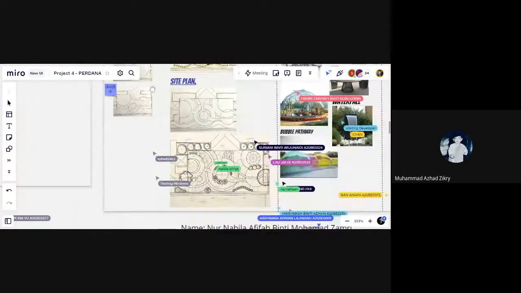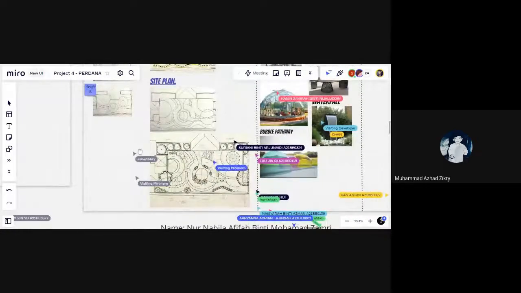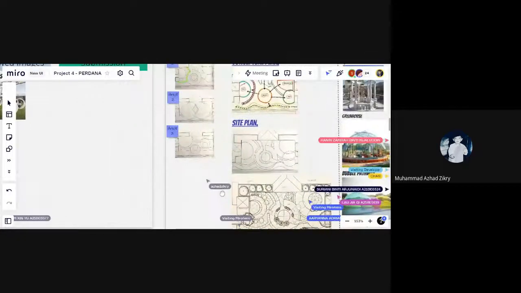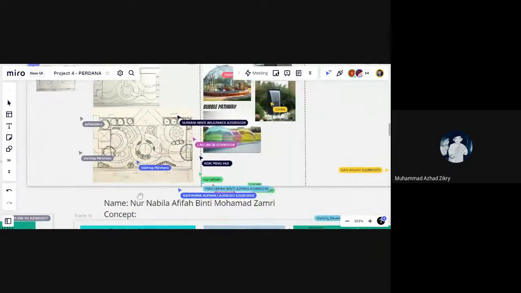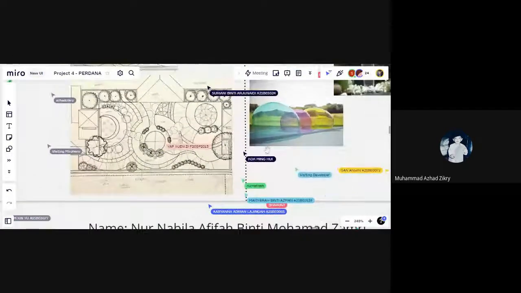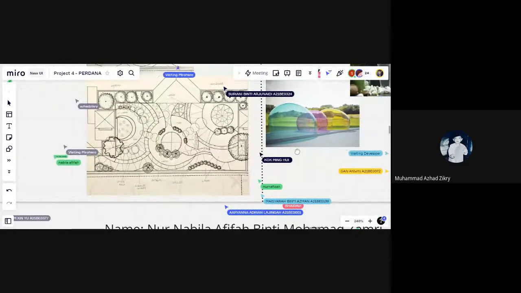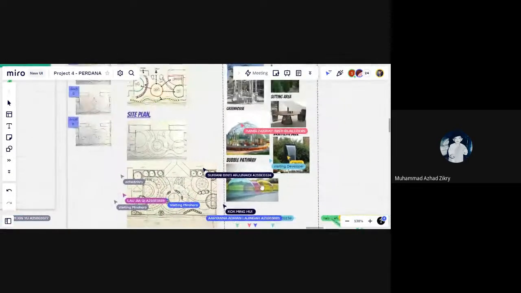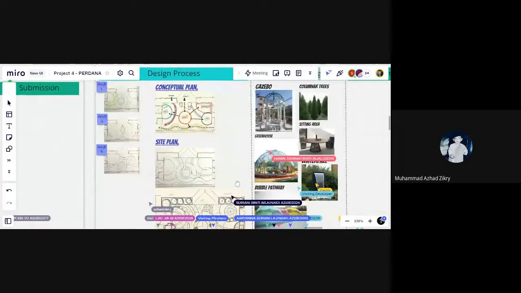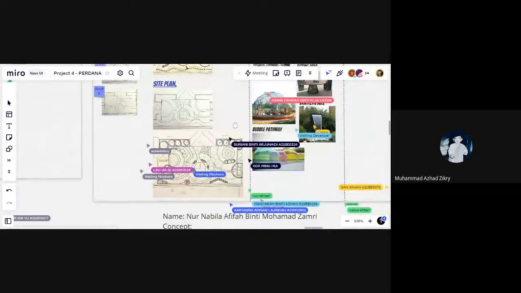I have produced three draft site plans, and he asked me to choose the first one and work on it. I chose the first one, and I started putting all the hardscape in it. Basically, the shapes I use in this site plan are all circular, and that is where I put every space. So let's move on to the site plan.